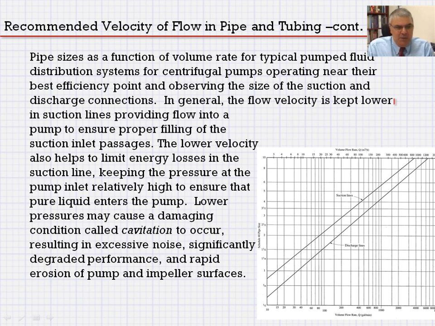We also want to make sure that the pipes are not too big for the specified pump capacity, because in that case we are losing a lot of energy, and the head loss would be pretty high. So we want to make sure that doesn't happen. Also, lower pressure can damage different parts of the system. It can also cause erosion of the pump and the impeller surfaces.